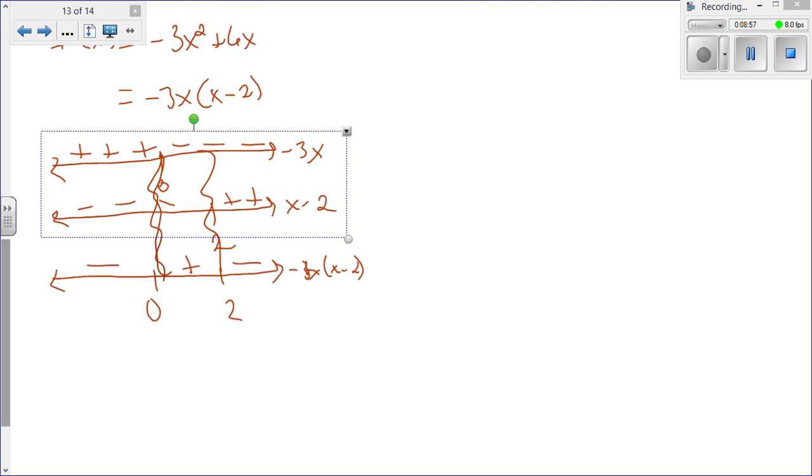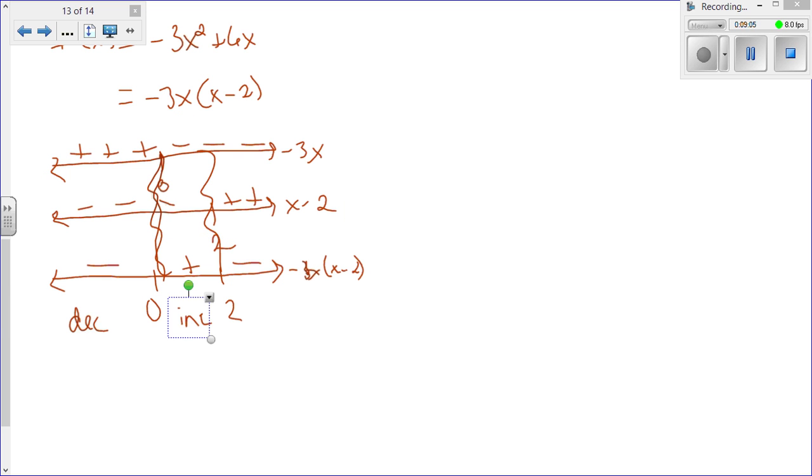So where my first derivative is negative, my function is decreasing. Where my first derivative is positive, my function is increasing. And then again here it is decreasing. And I believe it has to find increasing or decreasing.